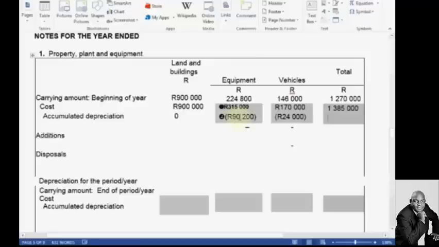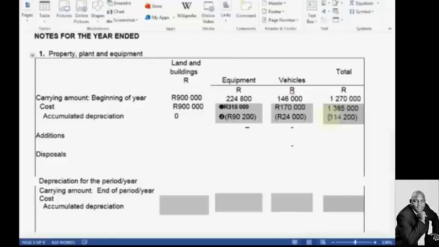Okay. Then depreciation, it's 90,200 plus 24,000. It's giving me 114,200. Bracket that. Now depreciation.